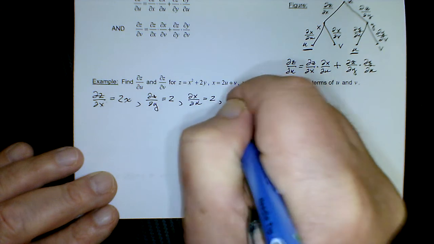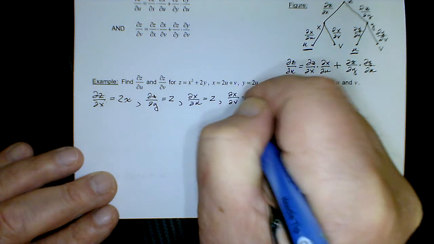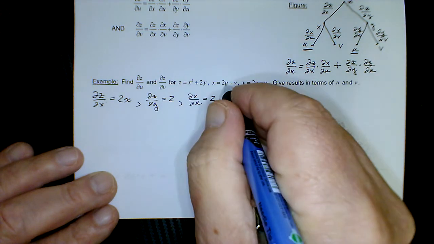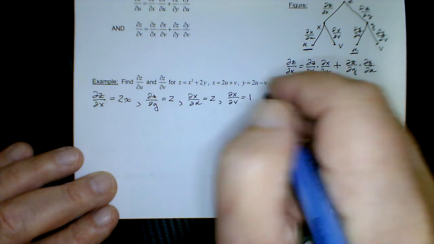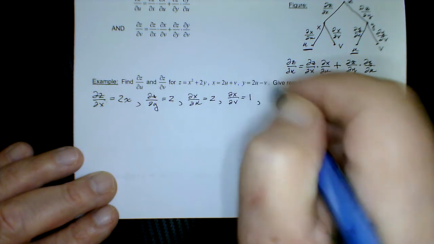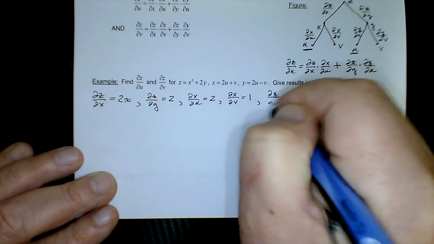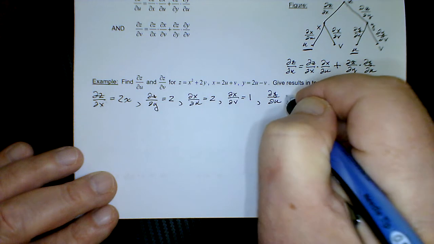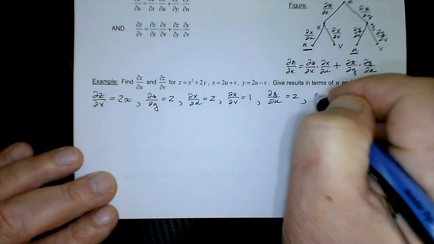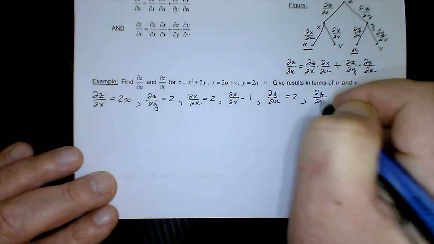The partial of x with respect to v is 1, because u is held as a constant, and the derivative of u would be 0. Now for y, the partial of y with respect to u would be 2 again, and the partial of y with respect to v is -1.